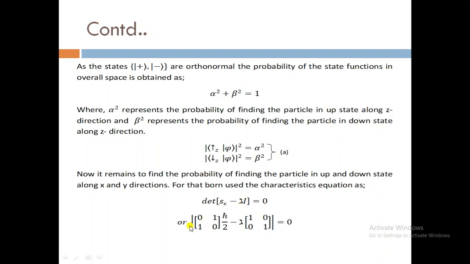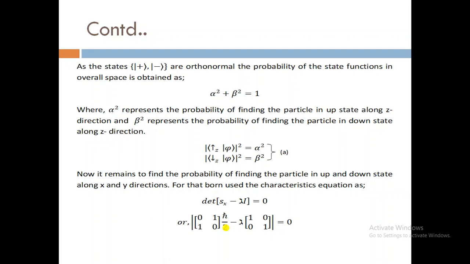Okay, the determinant is represented by the absolute sign, so I have written the absolute sign here, and Sx means the component of spin along x direction, which is equal to h cut by 2 sigma x according to Pauli. So I have written sigma x h cut by 2, but what is the Pauli spin matrix along x axis? I have already found this in my previous video.